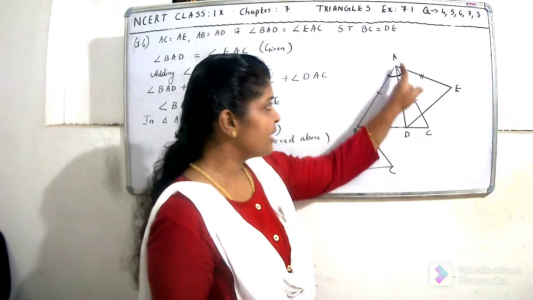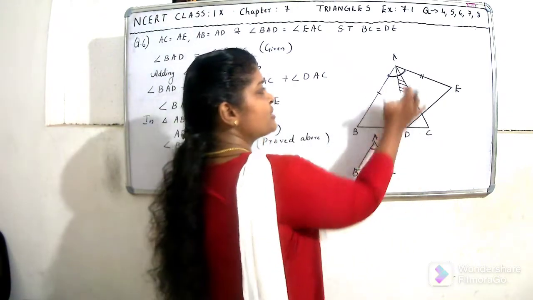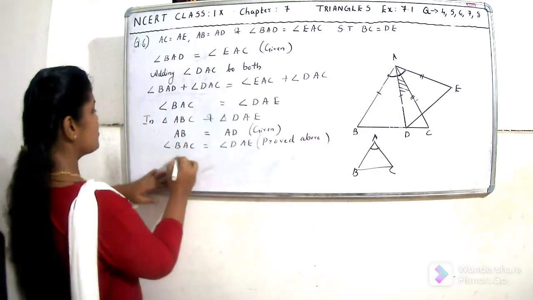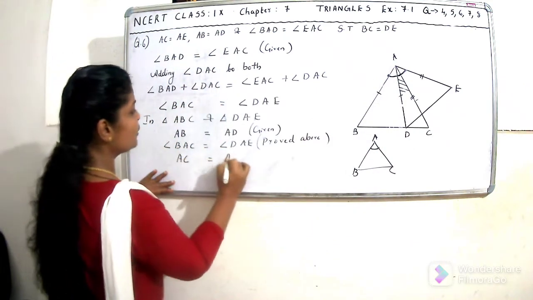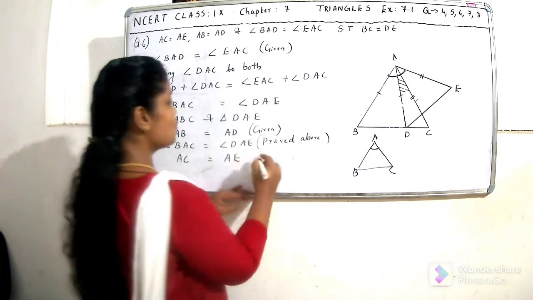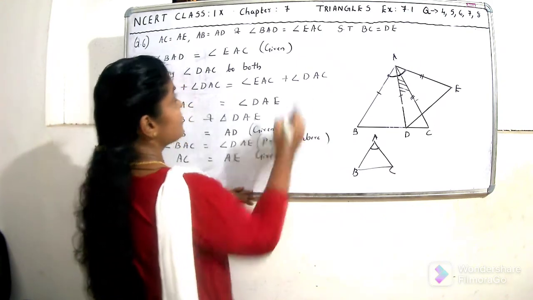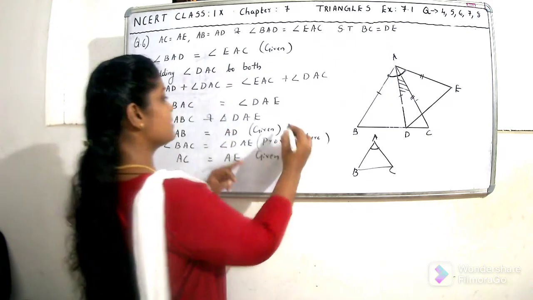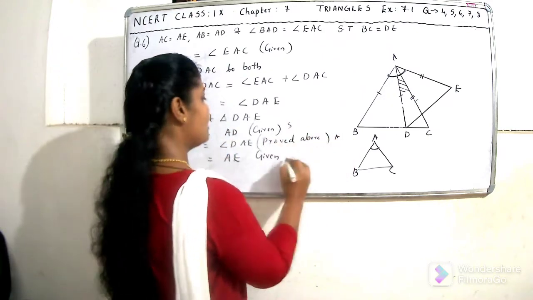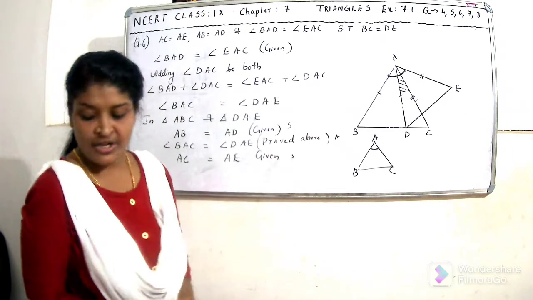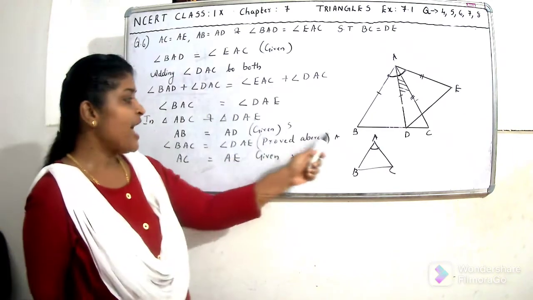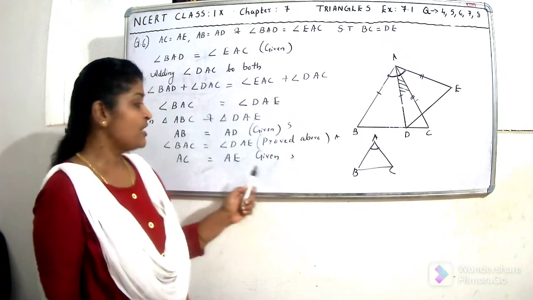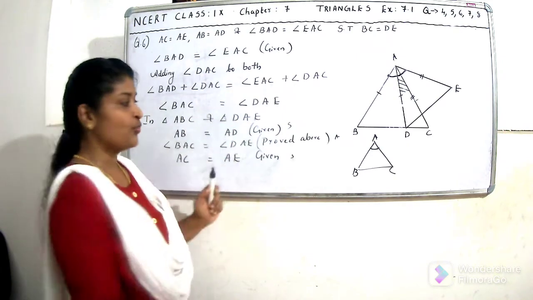Now the other side: the first triangle's side is AC and the second triangle's side is AE. So AC is equal to AE, this is also given. So this is the side, this is the angle, and this is the side again. So by side angle side congruency, we can say these two triangles are congruent.